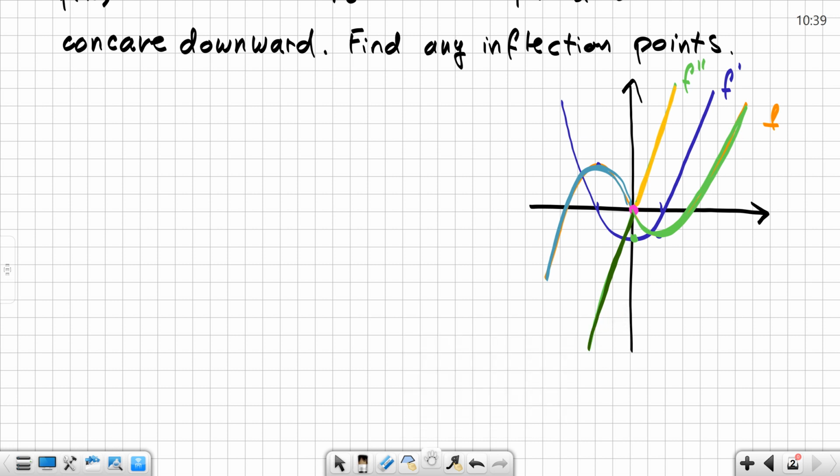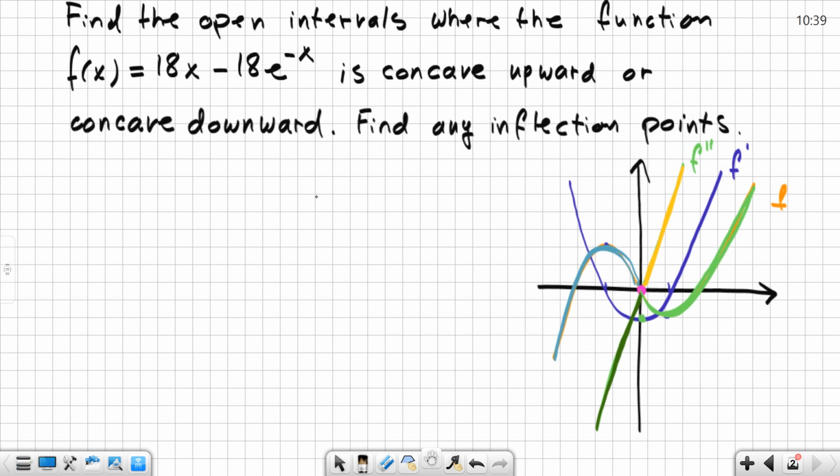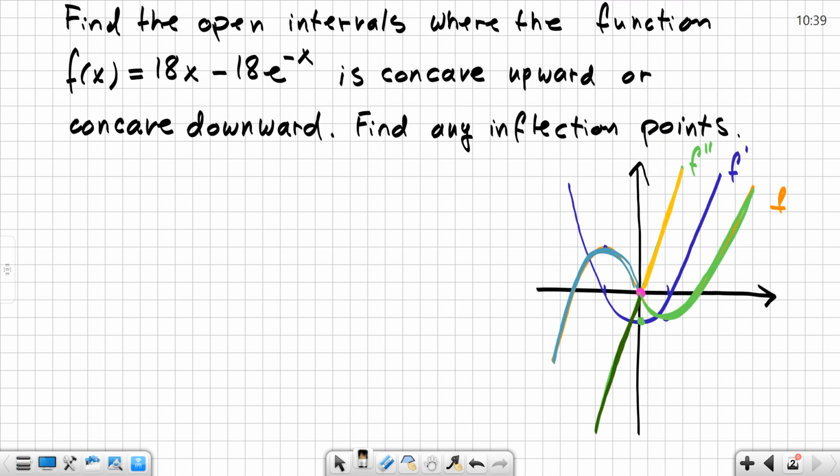So in other words, the first thing that we're going to have to find is the first derivative. First, find the first derivative of f. Let's have a look. This is the sum of two functions. The derivative of 18x squared is 18.